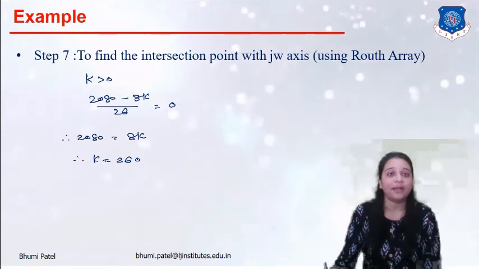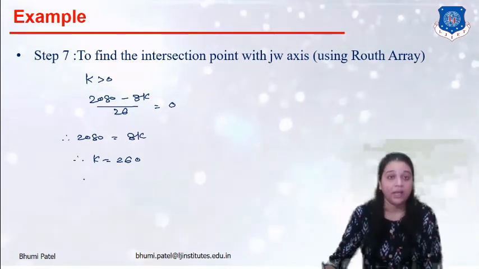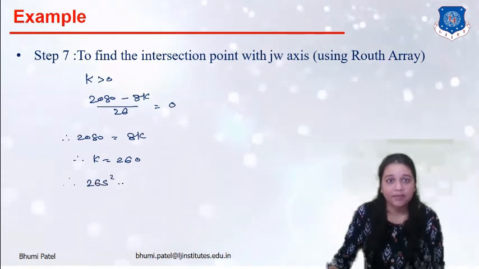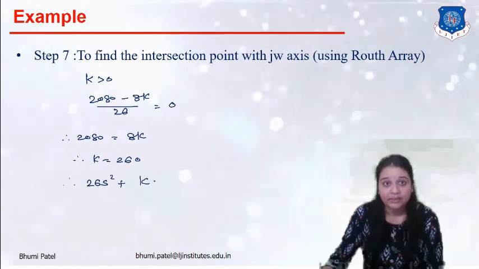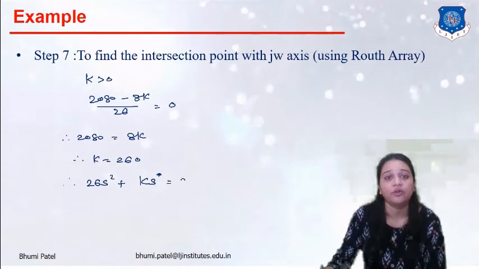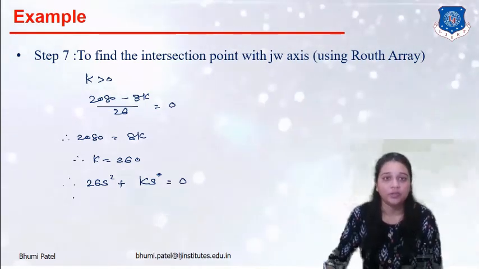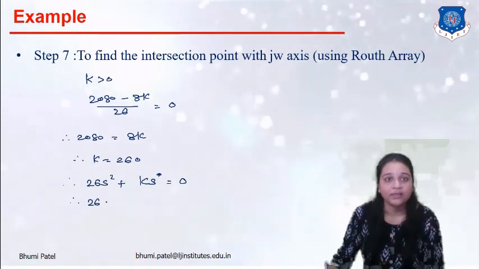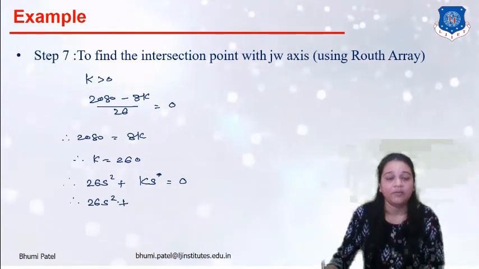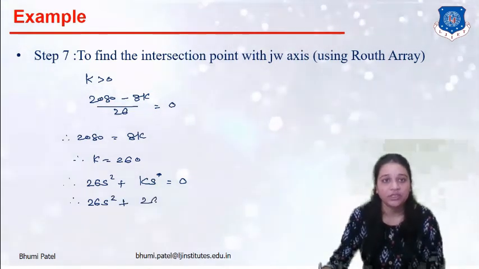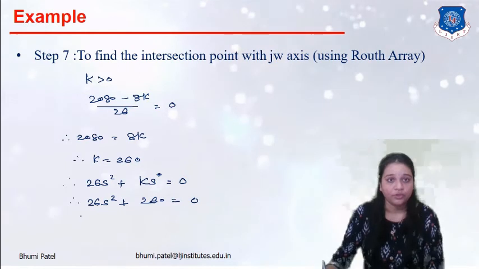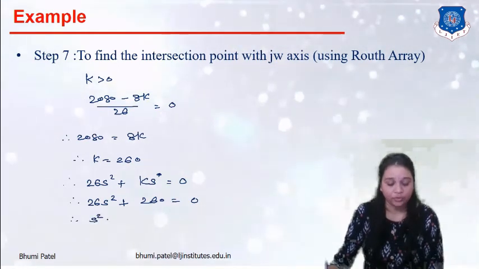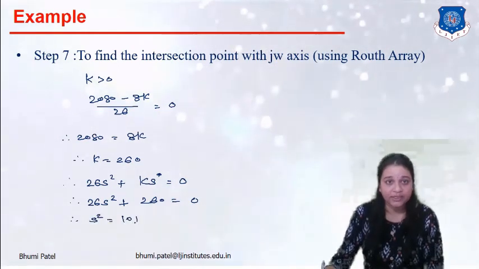Now we have to write down the auxiliary equation, and the auxiliary equation will become 26s square plus k s raised to 0 is equal to 0, using the Routh array table. So put the value of k in this equation, we can get 26s square plus 260 is equal to 0. So we can get s square is equal to 10j square.